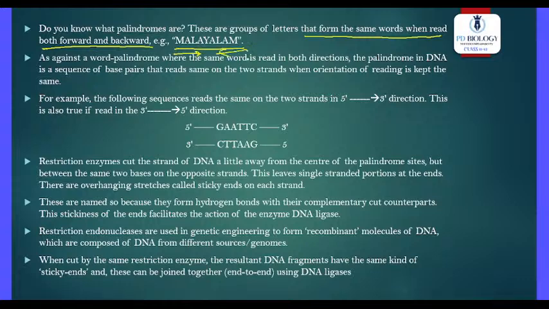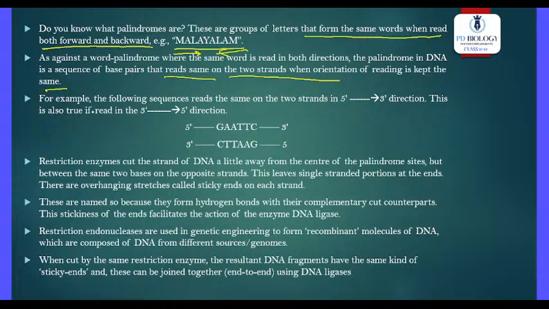As against a word palindrome, where the same word is read in both directions, a palindrome in DNA is a sequence of base pairs that reads the same on the two strands when the orientation of reading is kept the same.